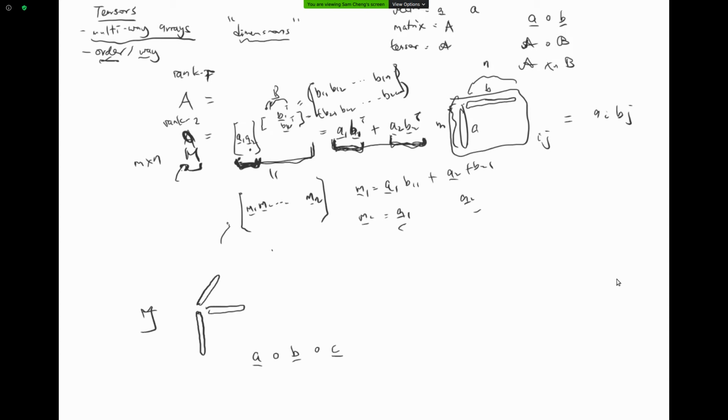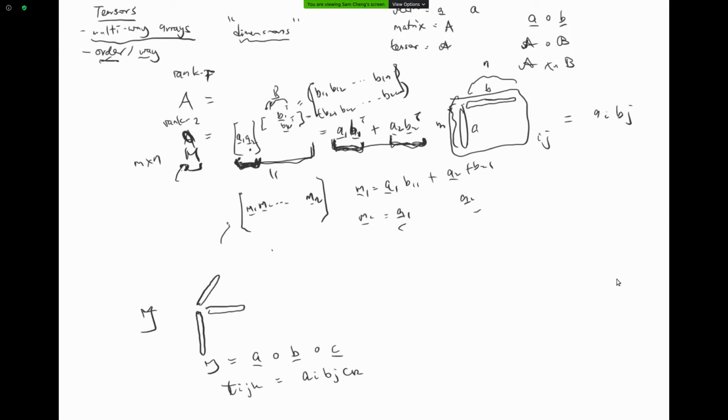So let's say this T is equal to this, a three-way tensor. Then the ijk element will be equal to ai bj ck.